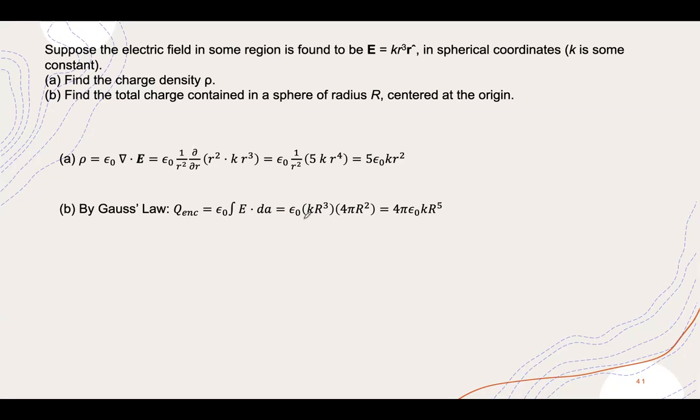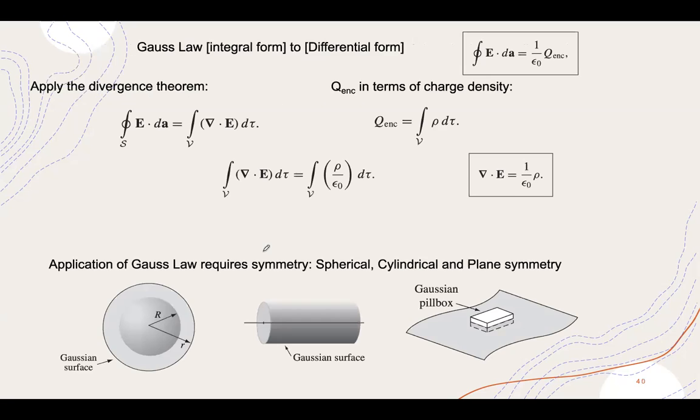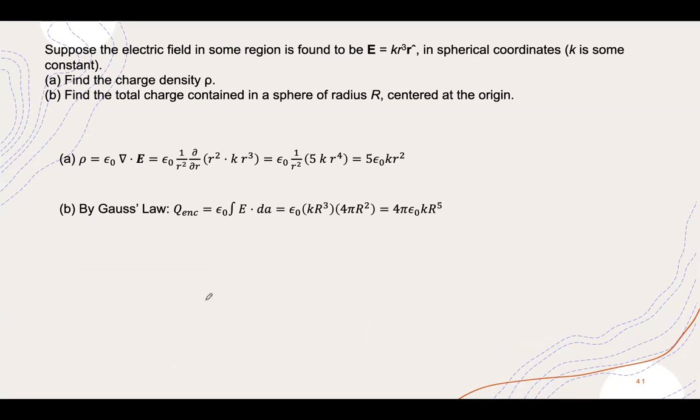And then you can simply put the values now. Let me go back to this. So this is a situation like this. By this situation, we can say that this dA is nothing but 4 pi r squared because it is a spherical surface.